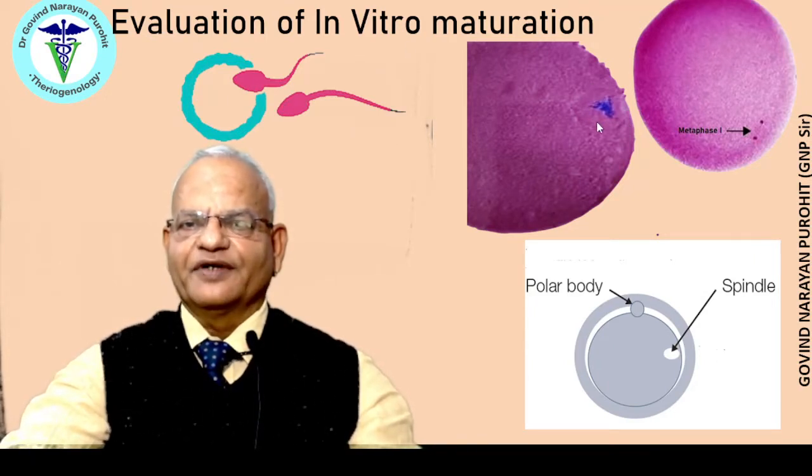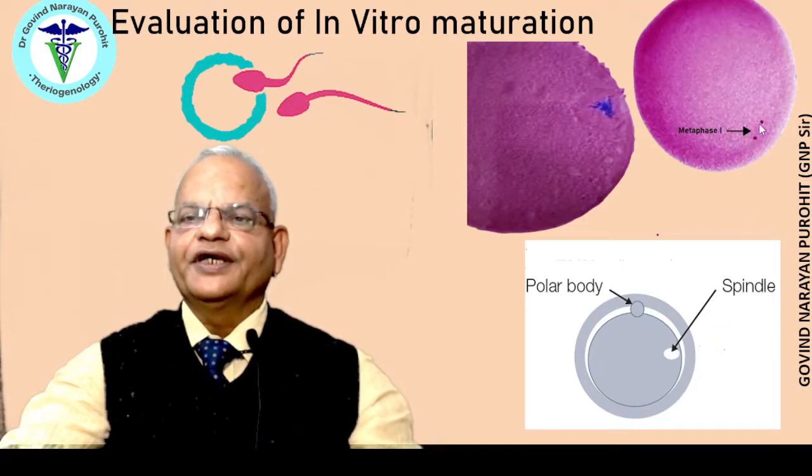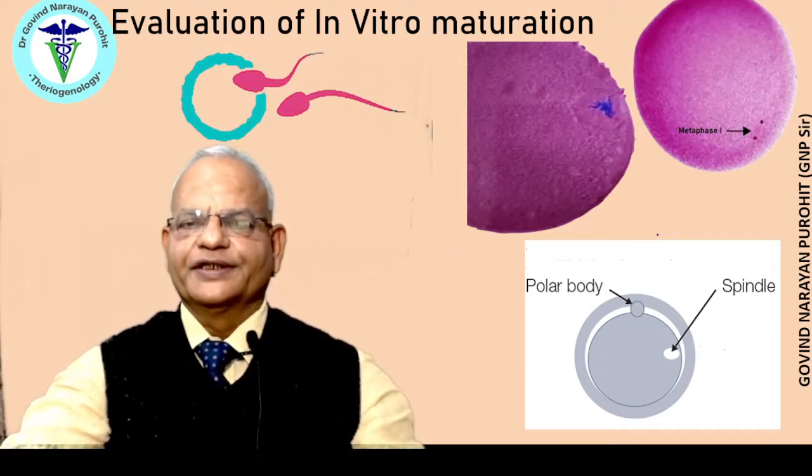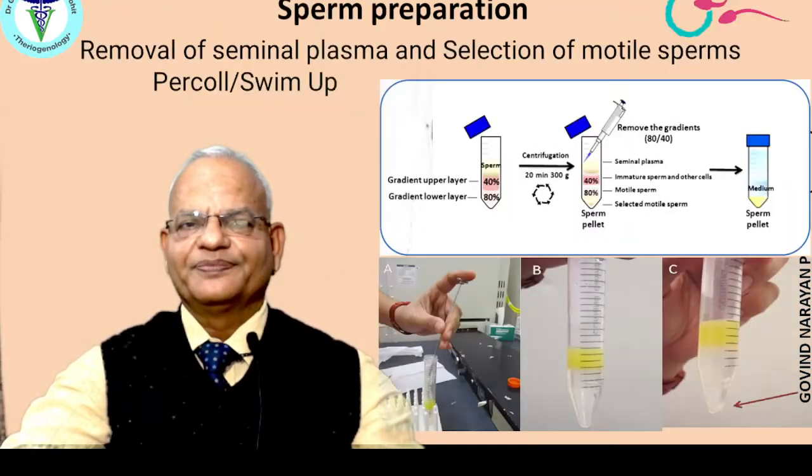This is the metaphase 2 plate, and this is the polar body released, and this is the metaphase 2 plate or the spindle. Now this is a metaphase 1 oocyte, and after evaluation, you can note down the percentages of the oocytes that have reached the different stages of maturation, right?